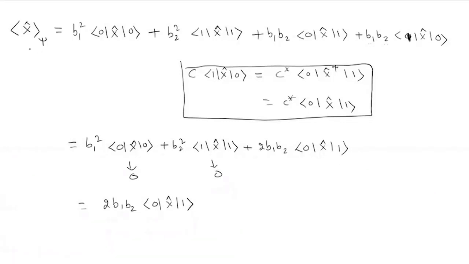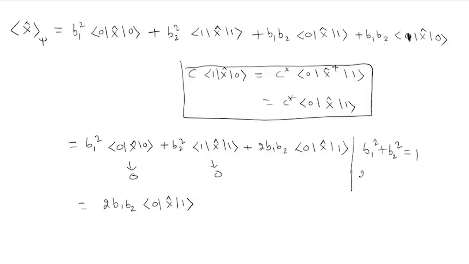Condition for this expectation value to be minimum. We have to figure out when this becomes minimum. So when does this become minimum? This is a normalized state, because b1 square plus b2 square is equal to 1.